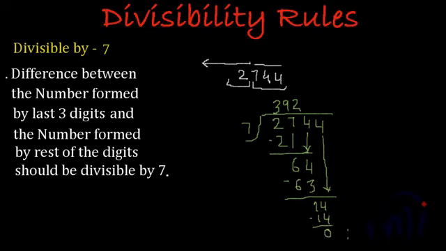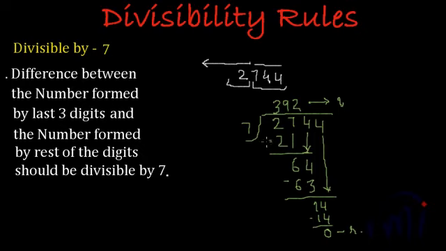So we have got 0 as the remainder, right? And this is the quotient, and since we have got 0 as remainder, this proves that 2744 is divisible by 7. That means our rule of divisibility holds good over here.